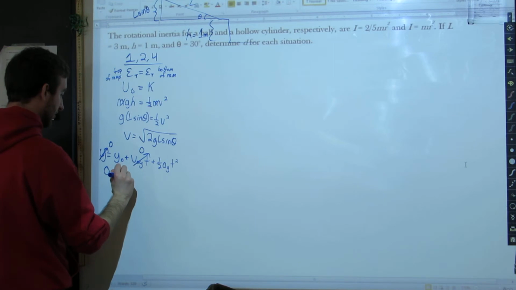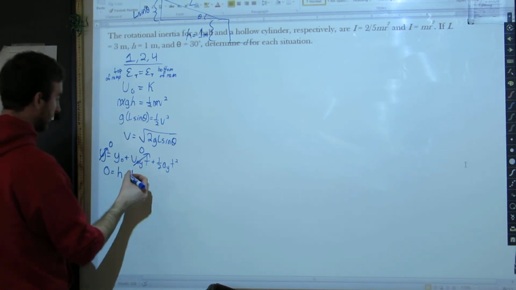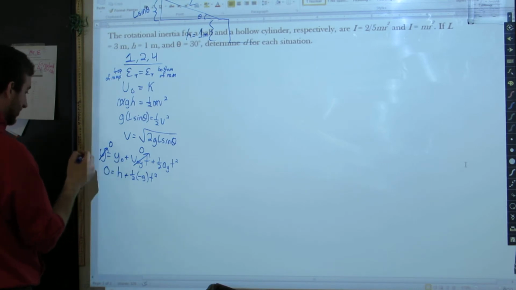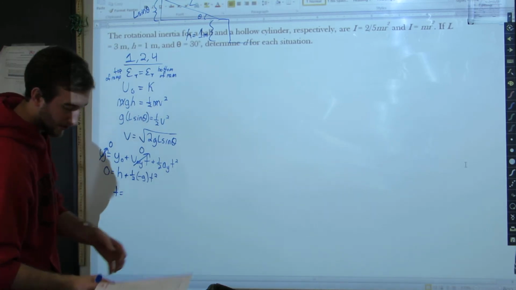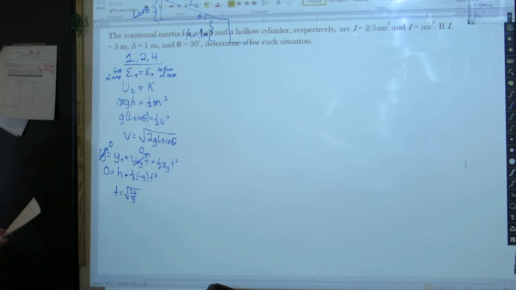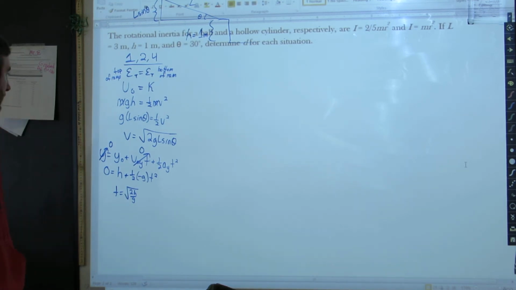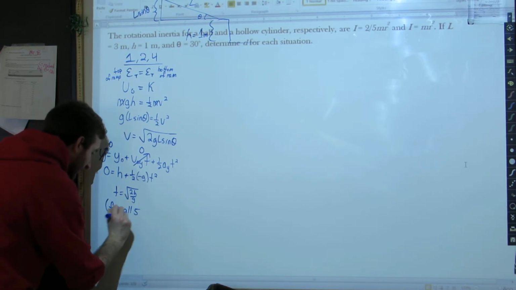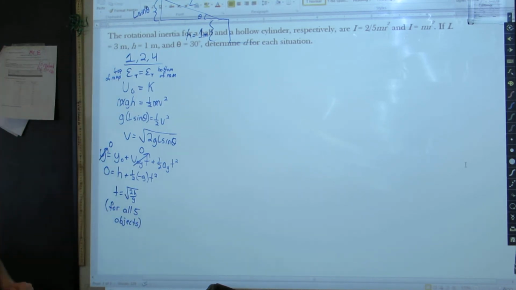If 0 is at the bottom and h is up, that means up must be positive, so we have to put in a negative 1/2 g t squared. We bring this to the other side and solve for t. We should end up with t equals the square root of 2h over g. That's the time it takes for every single one of these to hit the ground. Is it every single one? Yeah, it is every single one. They all take the same amount of time to hit the ground for all 5 objects.